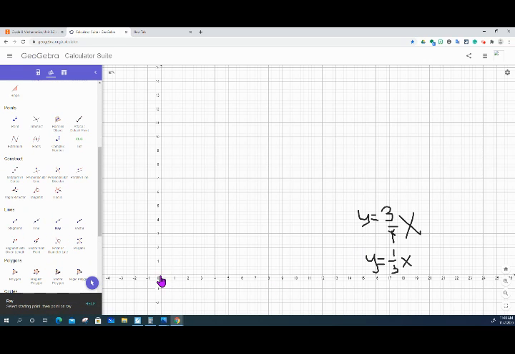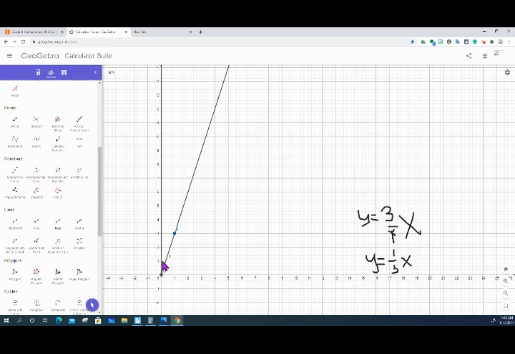We always start at 0, 0. We know the 3 over 1 looks like this, but this time we're going to compare it to the 1 over 3. Y equals up 1 and over 1, 2, 3. Looking at these two graphs, which one's changing faster?